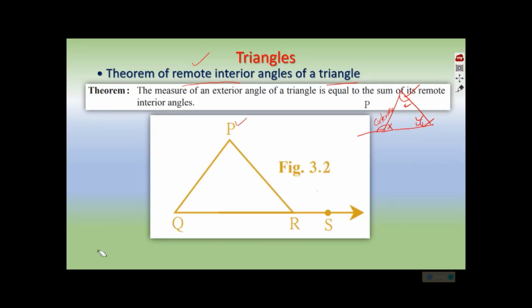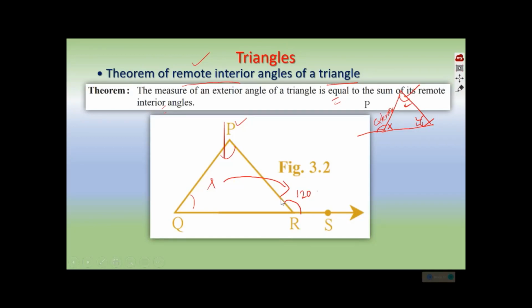If you measure this angle, which we have named as exterior angle, some measurement will be there, approximately if I write 120 over here, and it will be equal to the sum of the remote interior angles. ये दोनों angle का sum किया, so you will be getting that will be equivalent to this. This is what the theorem is telling.